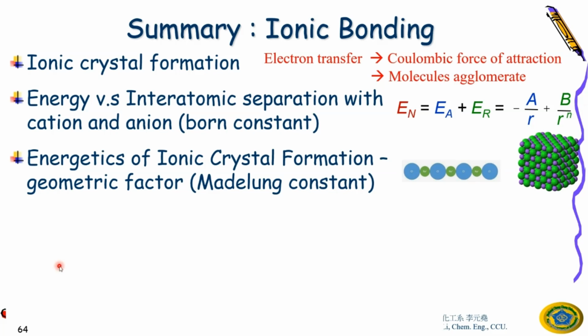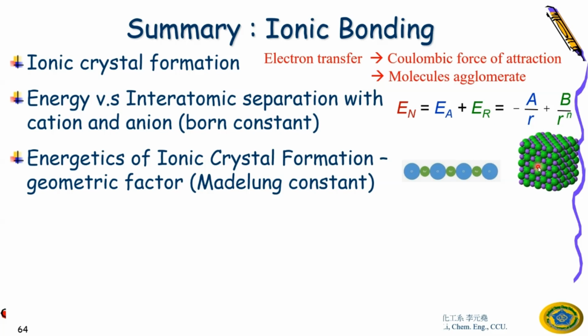The second topic we talked about in ionic bonding is the energetics of ionic crystal formation. This involves a geometry factor, which is very important. The important factor is what we call the Madelung constant. This kind of crystal formation or molecular agglomerate has one Madelung constant, and another has another Madelung constant. So the value of the constant is different.